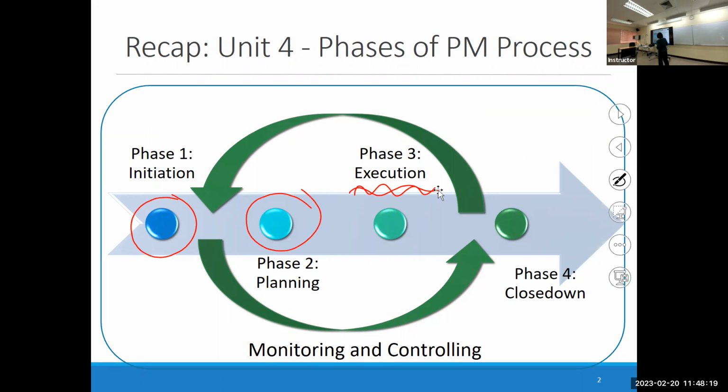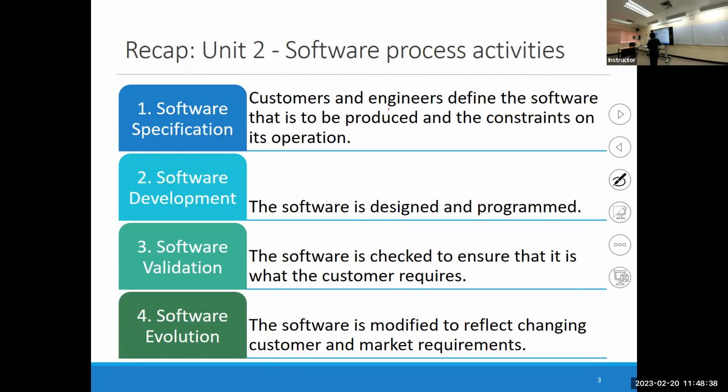Within the execution phase, if your project is an information system project, remember we go back to topic 2, which is about software process, the information system life cycle and process. Those processes involve key activities.